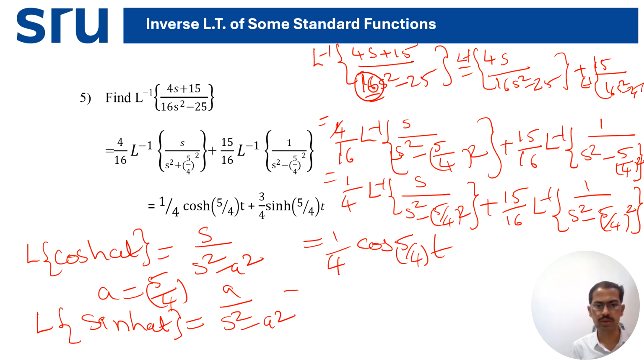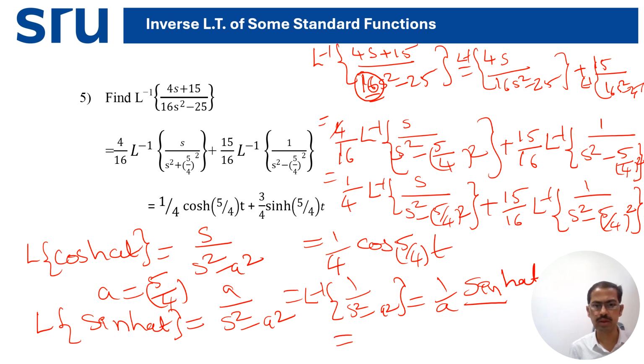So the inverse Laplace transform of 1 by s square minus a square is 1 by a into sinh at. Here a is equal to 5 by 4. So here 15 by 16 into 1 by a, which reversed is 4 by 5.